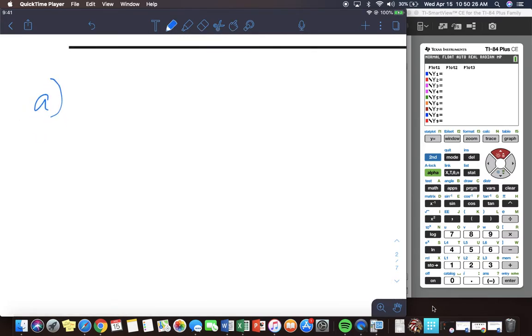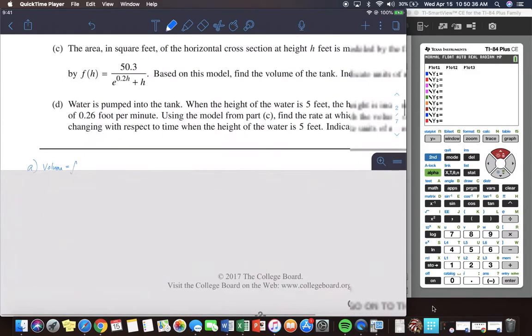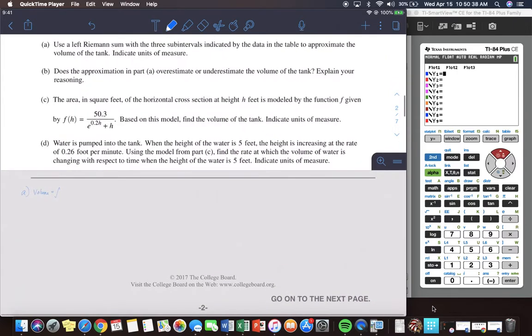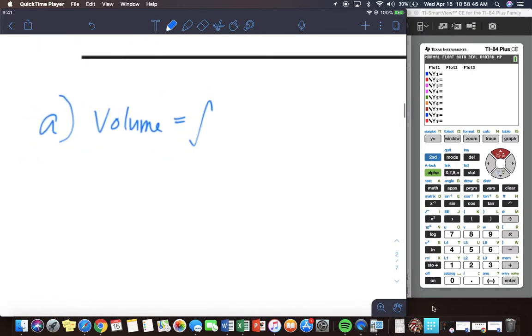And so what we'll have, the volume is going to equal, and it says, indicated by the table to approximate the volume of the tank. Well, the tank is measured from 0 to 10, so my integral will be from 0 to 10.